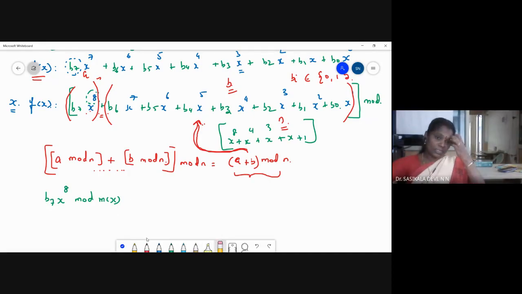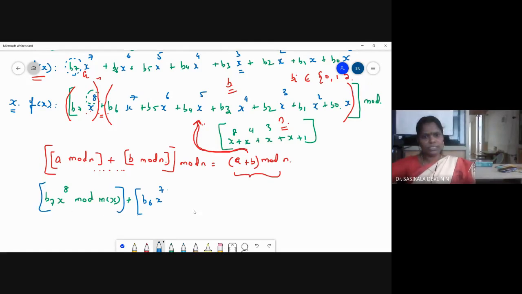Now substitute this b. What is b? This entire part. I will write it in different colors so that you can better understand. This is b6 times x power 7, this is a different term.